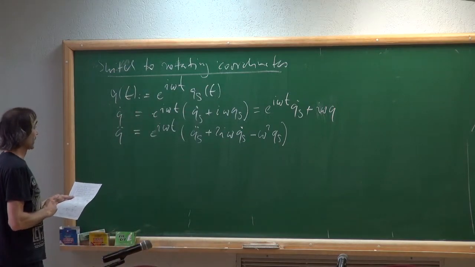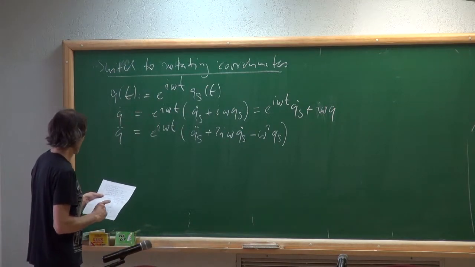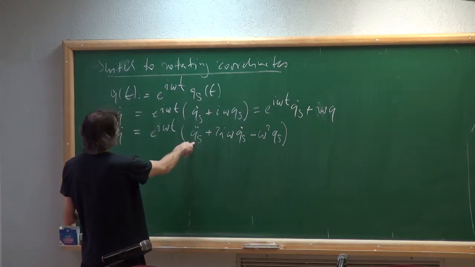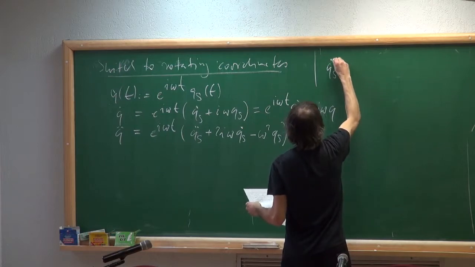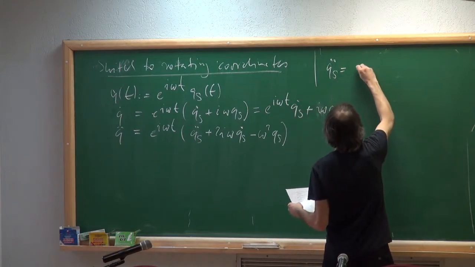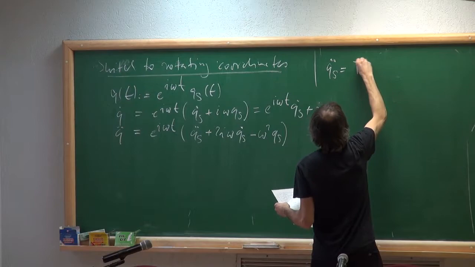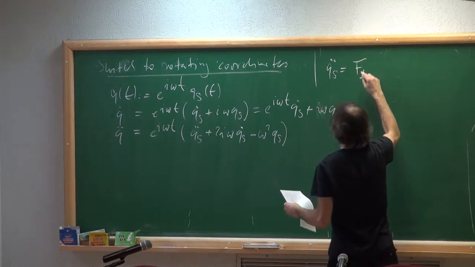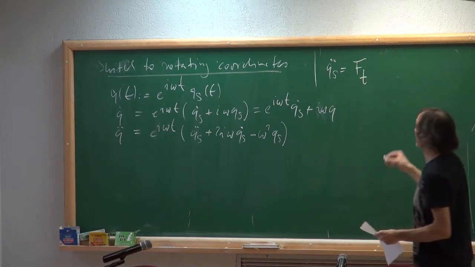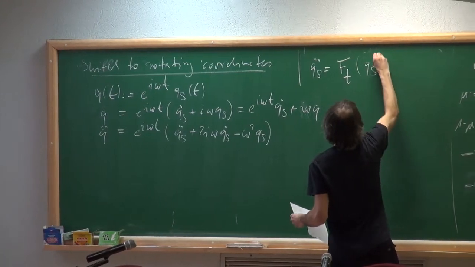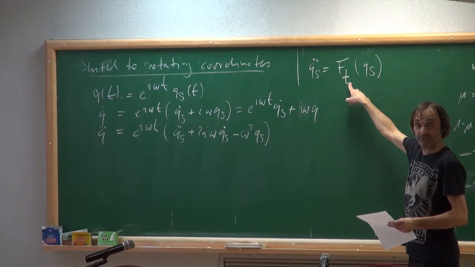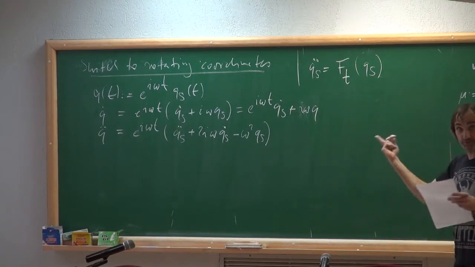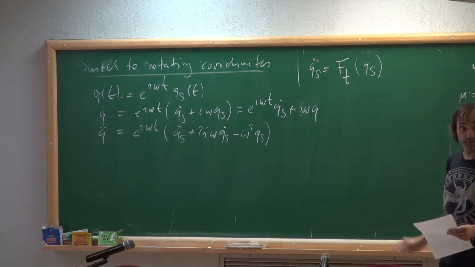Now what is qs double dot? This satisfies Newton's equation. So qs double dot is equal to the time-dependent force acting on qs, where this is the gravitational force generated by the two bodies. And I will write it in a moment.